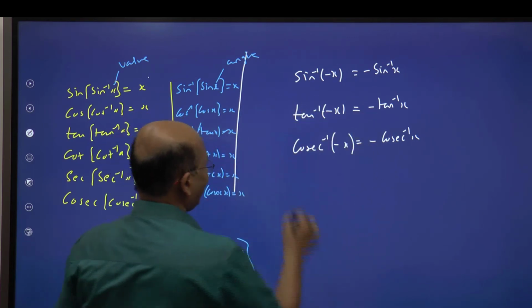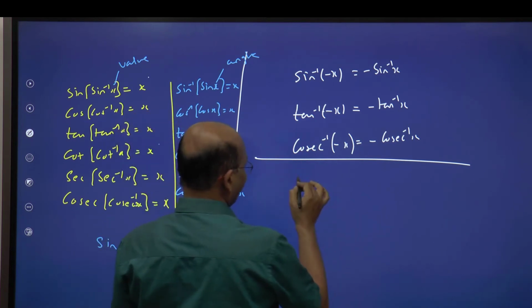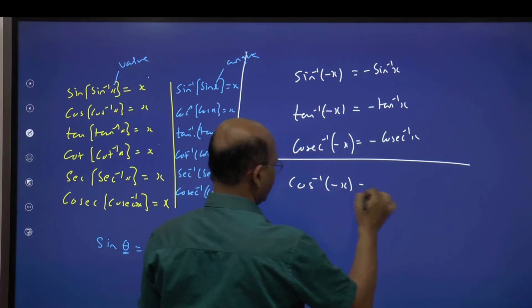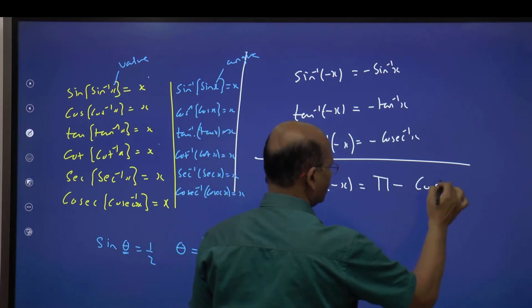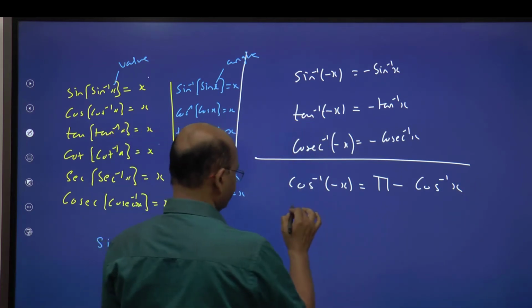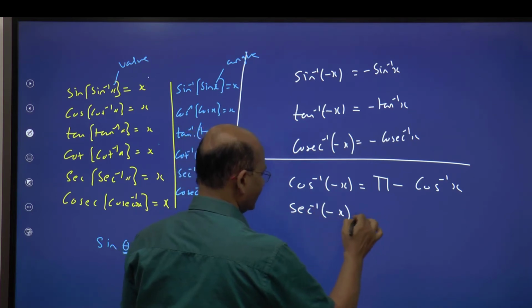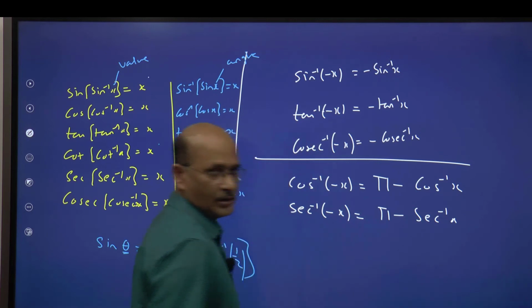Now, what is the second set we saw? Principal value 0 to pi. The second set was cos inverse of minus x, which is nothing but, hold on, pi minus cos inverse x. Keep that in mind. Similarly, sec inverse of minus x is pi minus sec inverse x.